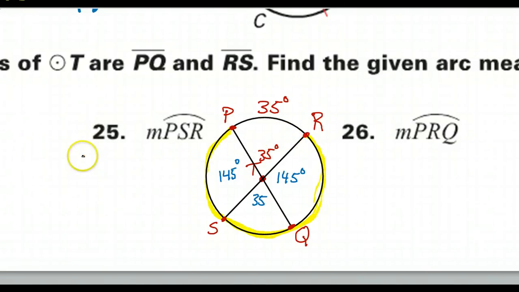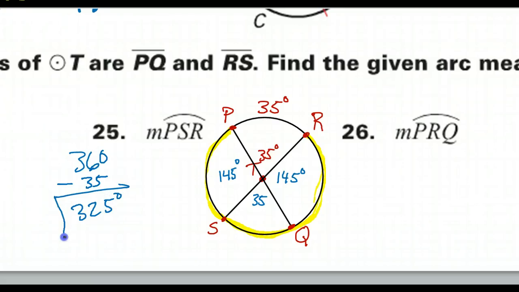So that's going to be 325 degrees. So that is the answer to the question. But if you didn't like that, you could do 145 plus 35 plus 145. You could just add up these three arcs and angles, and that would give you the total, which is the yellow that we're looking for.